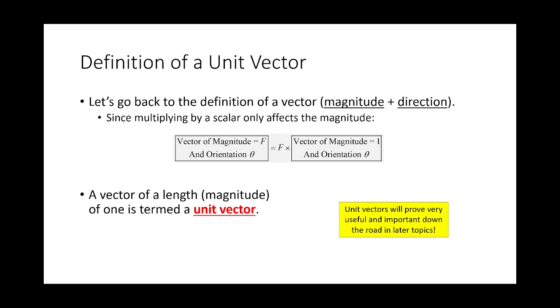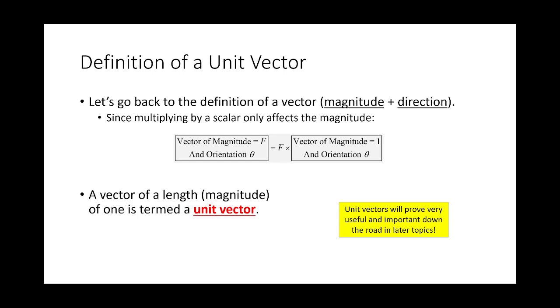So remember, we have some vector. It represents a 40-pound force going that way. What I can do is say that vector can be represented by 40 pounds multiplied by a vector that points this way and only has a magnitude of 1.